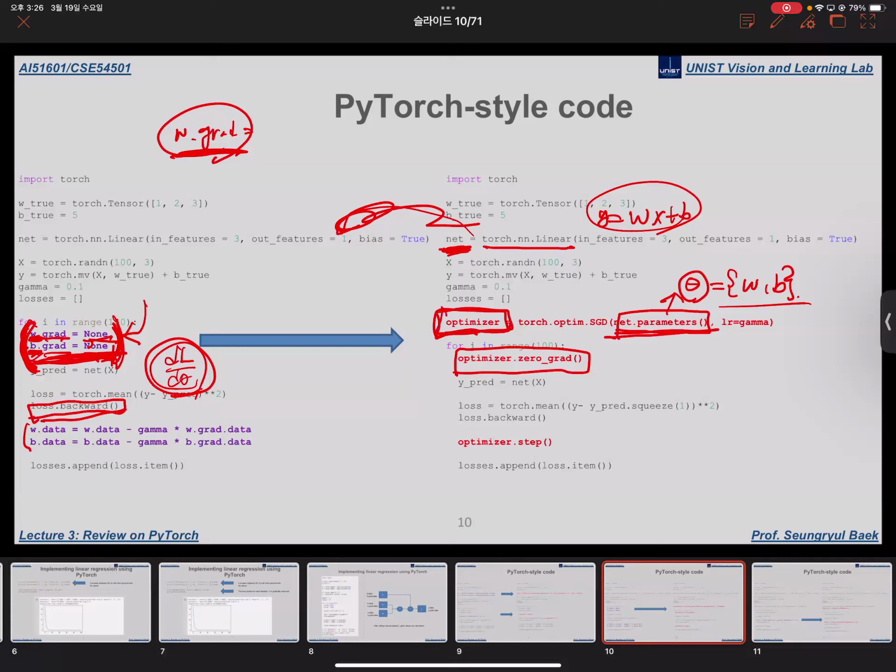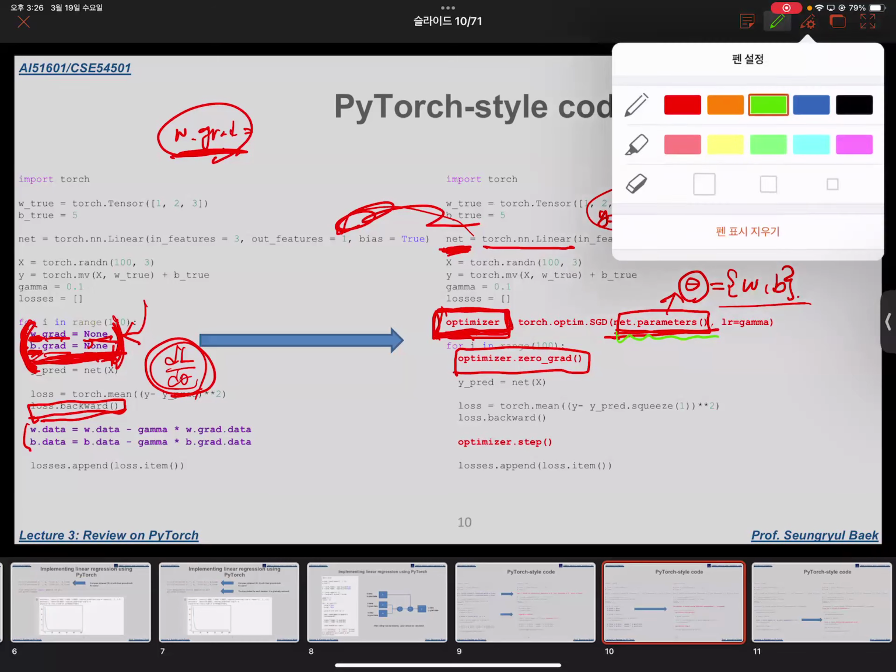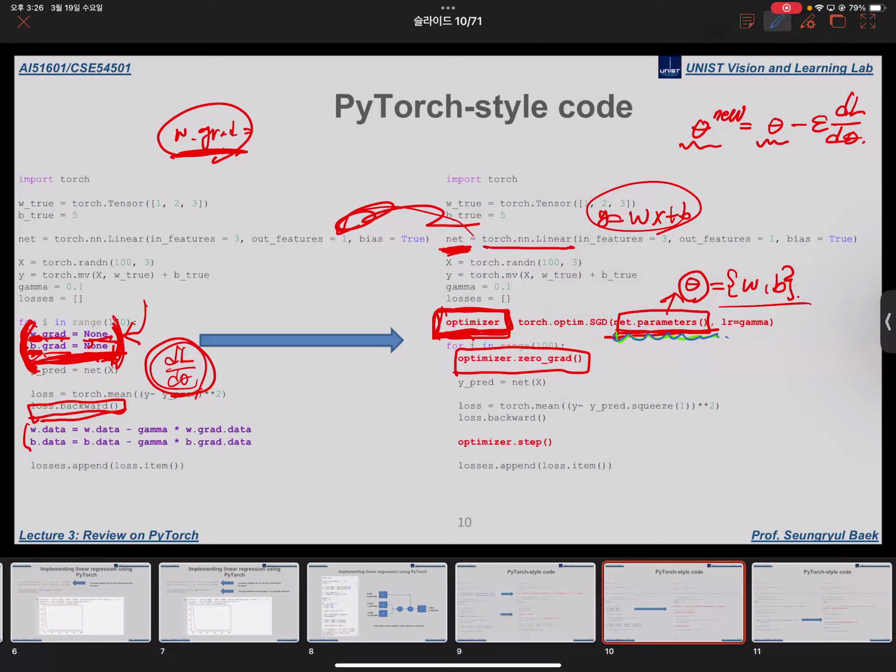And actually this optimizer is managing this kind of optimization part, okay? So the optimizer should know all the parameter list. That's why it takes these parameters as input.